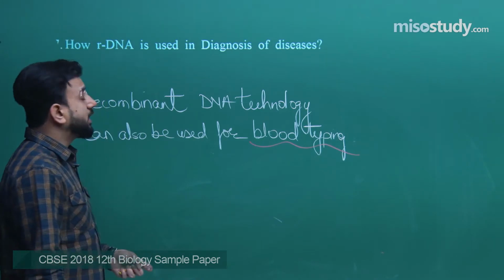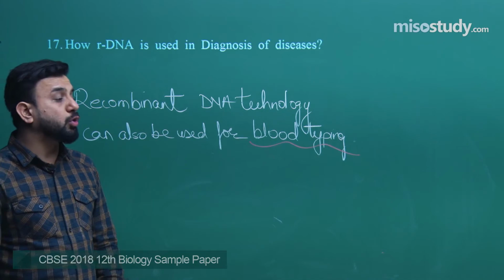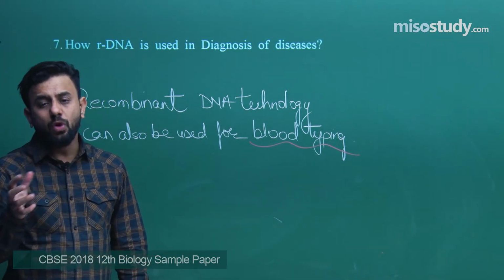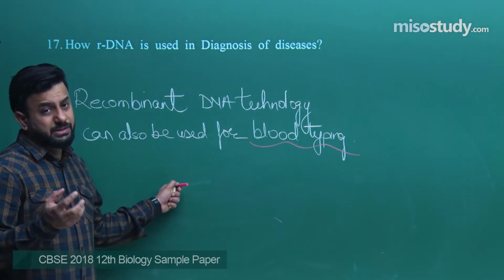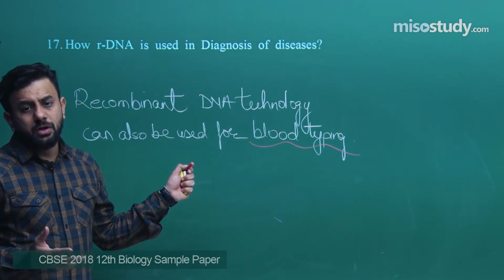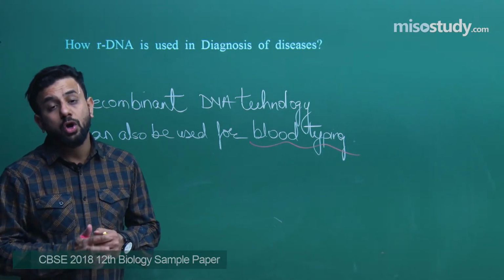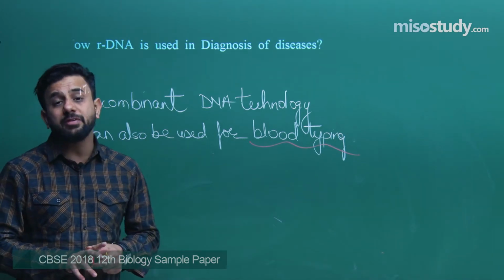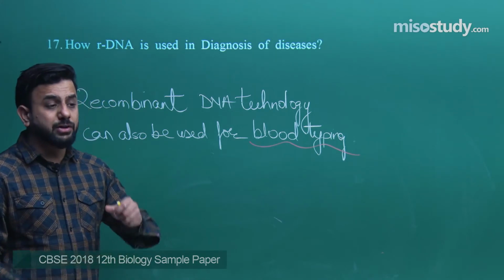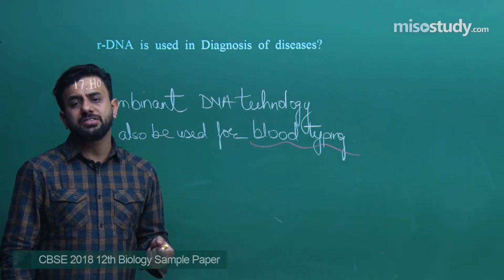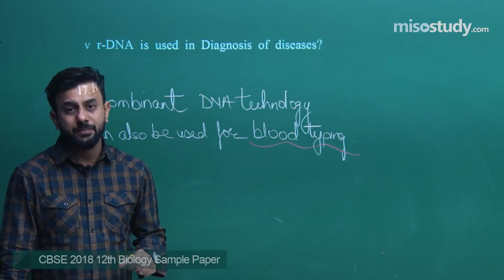Is there any other use? Yes. The recombinant DNA can also be used for knowing the prenatal status, that is the sex of the fetus. In that case, prenatally, that is even before the child is born, we can see the DNA and tell whether the child has any genetic disease, any genetic abnormality, in order to prevent that disease, right?